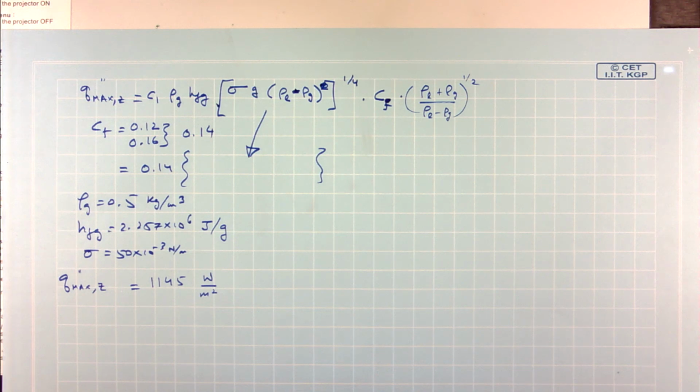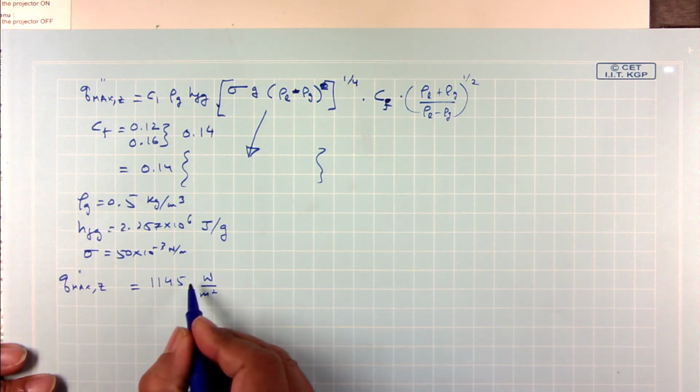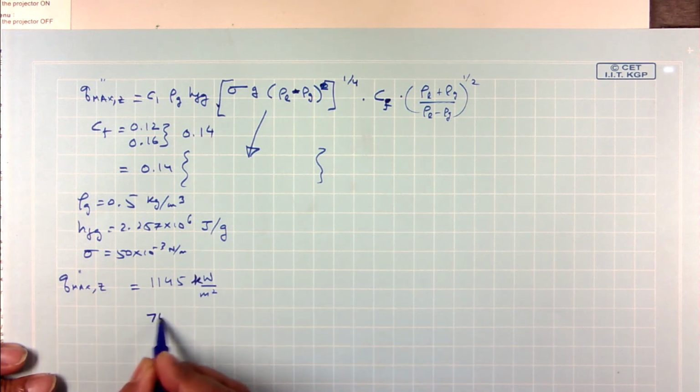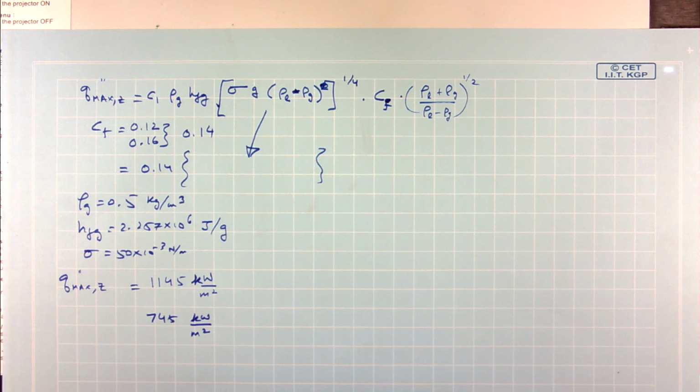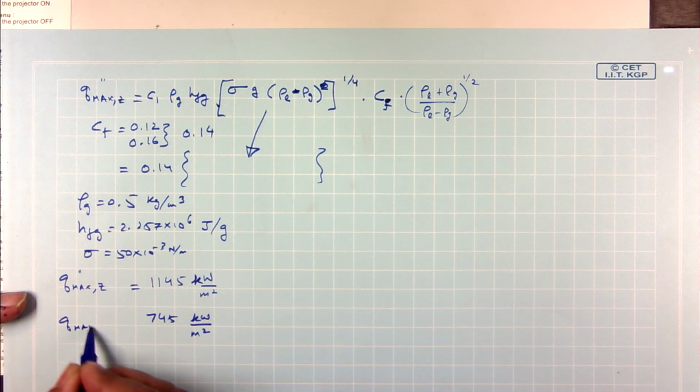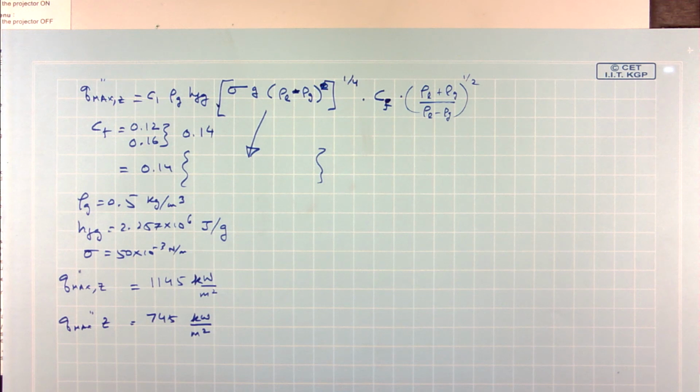Kilowatts per meter square. Who said 1145? Oh, I heard 1145. Okay, 745, right? Yeah, it should be per meter square. Is everybody else getting the same number?